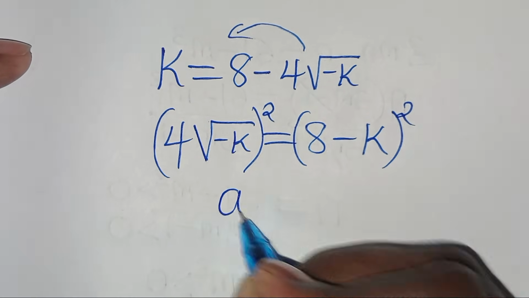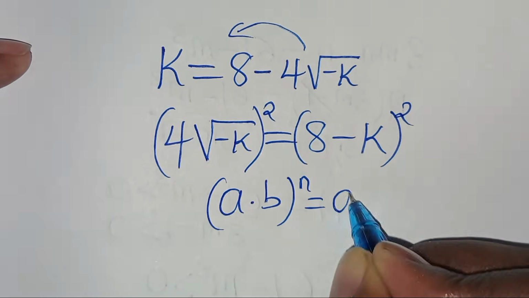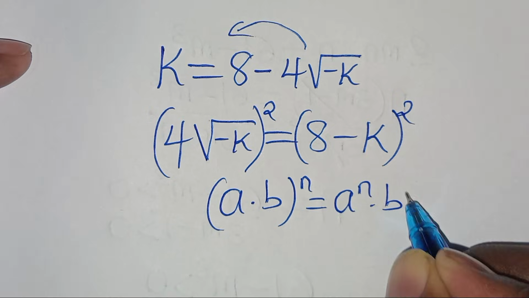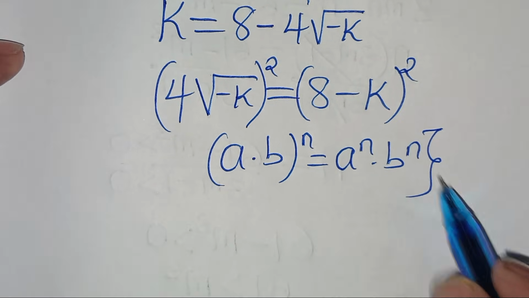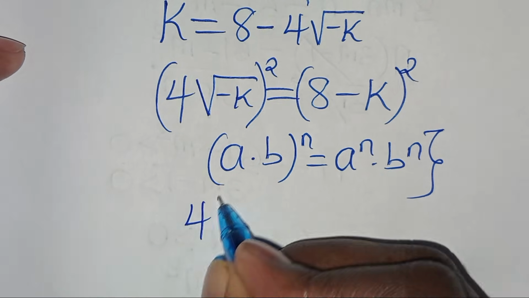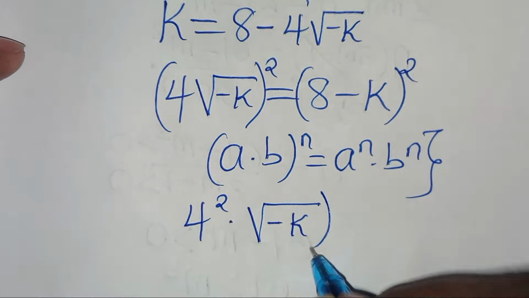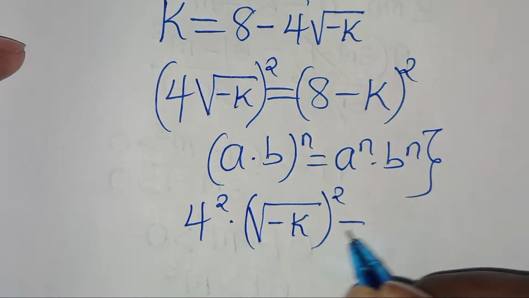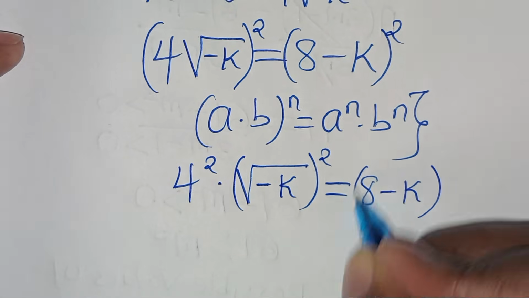This is in the form of a times b to the power of n, which can be expressed as a to the power of n times b raised to the power of n. Applying this exponent property, then we have 4 squared times square root of negative k raised to the power of 2. This is equal to 8 subtract k raised to the power of 2.